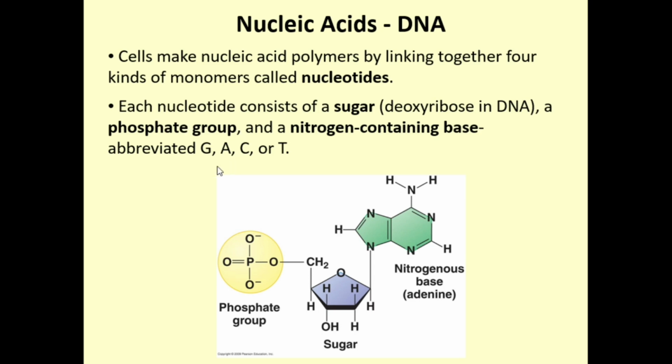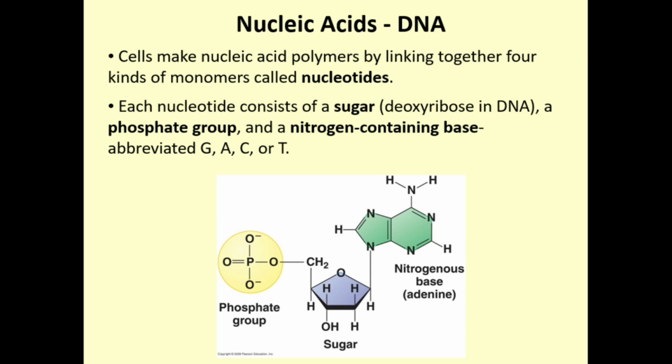You can see up here, they're often abbreviated to G, A, C, or T. If you've ever watched CSI or any crime documentary on TV where there's genetic analysis involved, you'll often see it represented as a long string of letters, G, A, T, T, C, C, A, A, and so on. Well, that's referring to these nitrogenous bases.